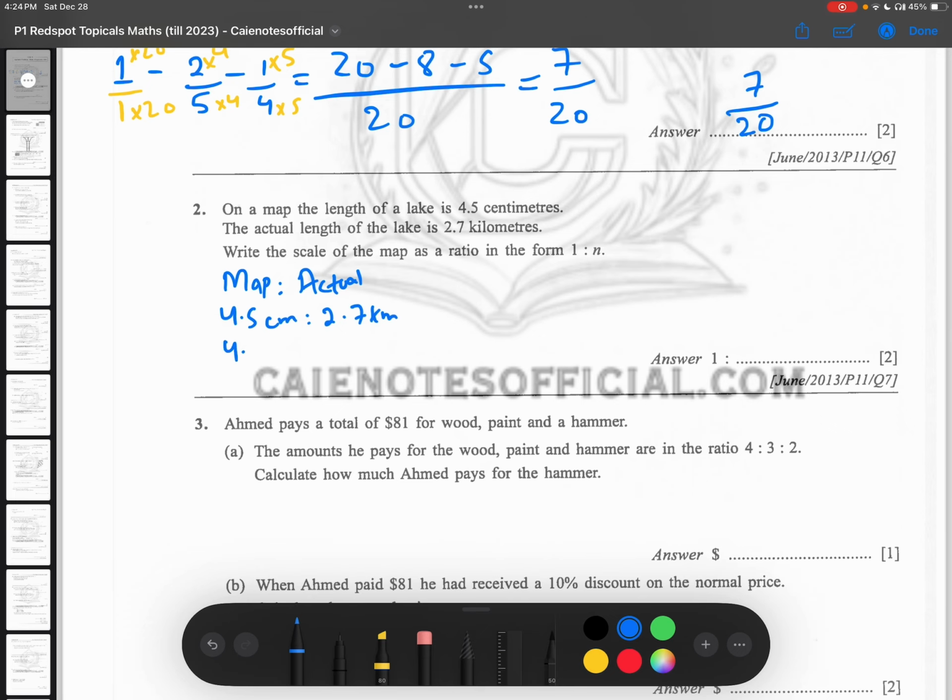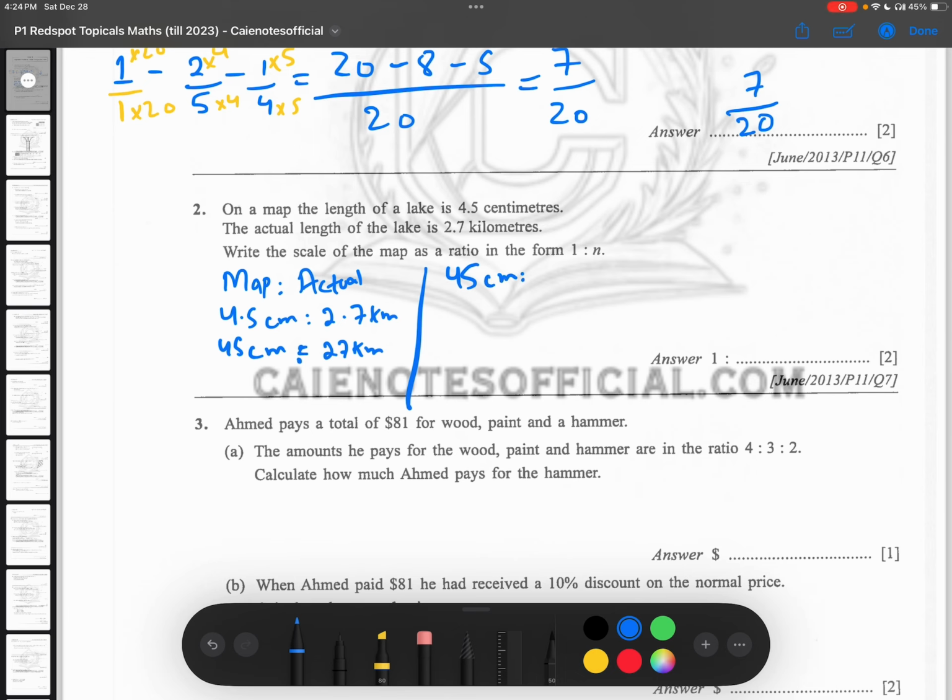First I multiply both sides of the ratio by 10, so the decimal is removed. It becomes 45 centimeters equal to 27 kilometers. Now we will change 27 kilometers into centimeters.